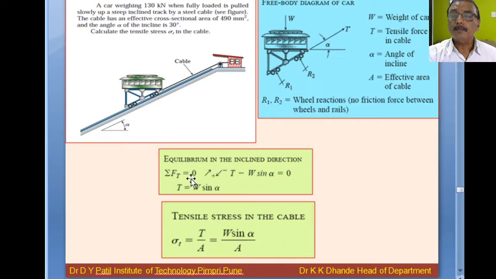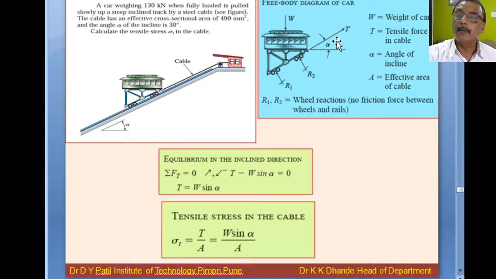Now according to the basic fundamentals of equilibrium, T force is acting on the right hand side, W acts in the downward direction, and this angle is alpha. When we resolve W into two components, one component will be W sine alpha, acting in the downward side along the incline.